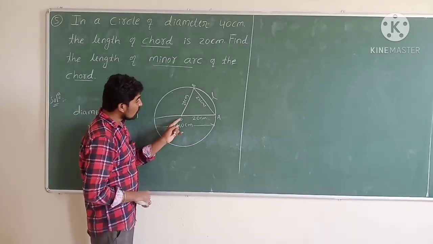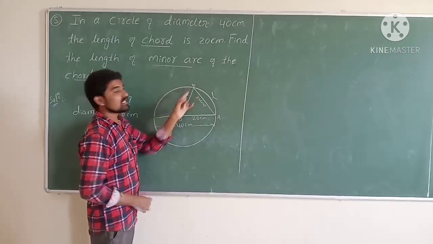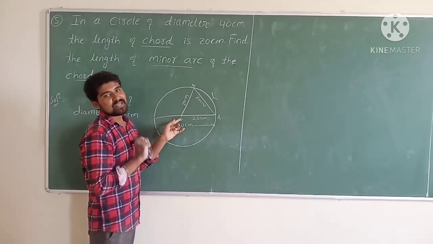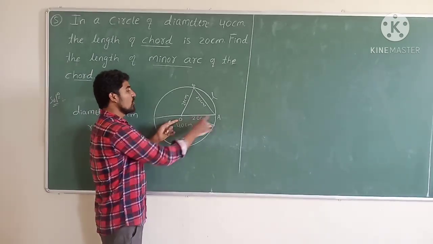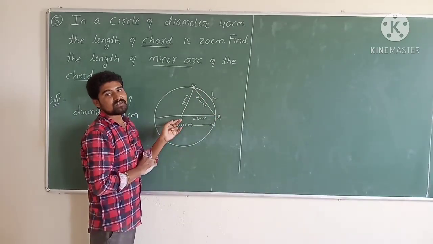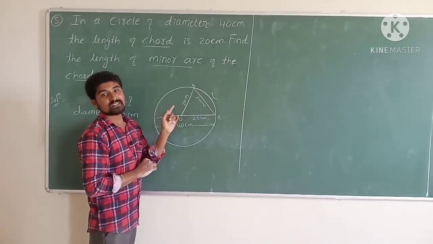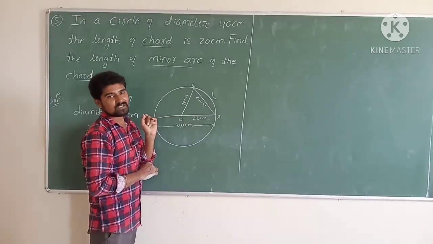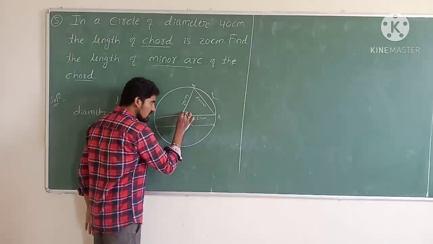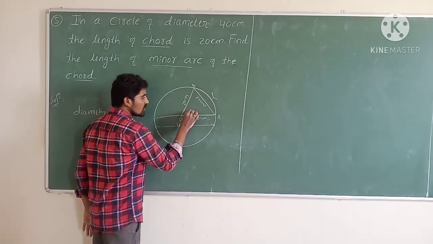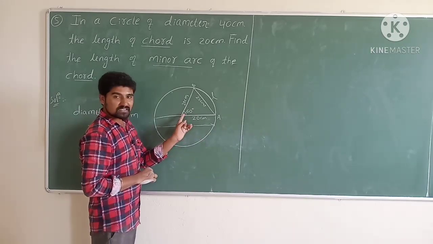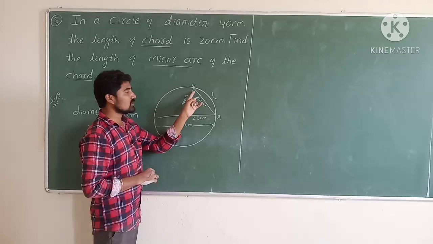Now, the triangle OAB has three equal sides of 20 centimeter. It means triangle OAB is an equilateral triangle. If the triangle is an equilateral triangle, then theta should be equal to what? 60 degrees. In an equilateral triangle each angle is 60.